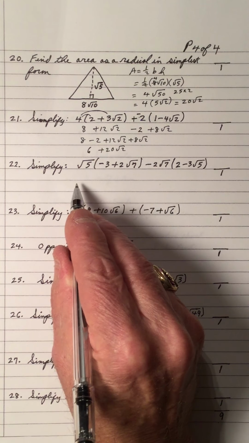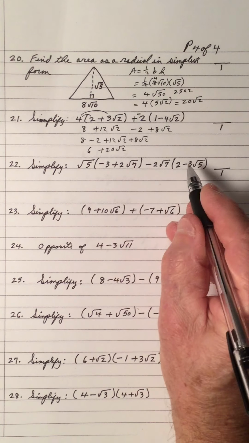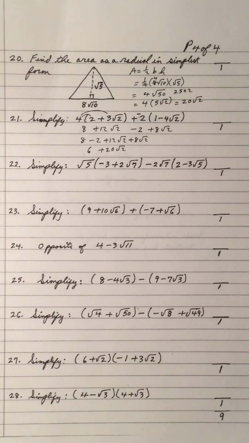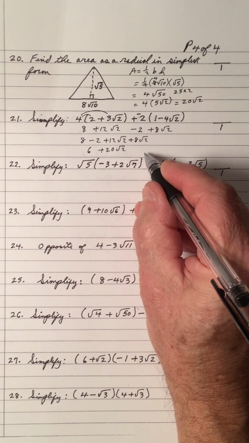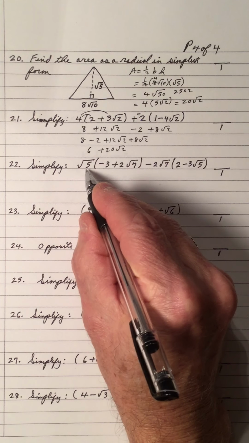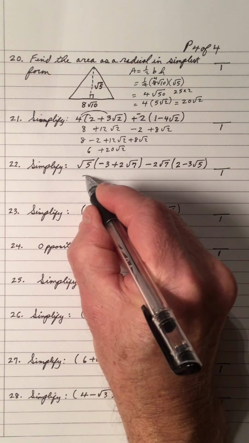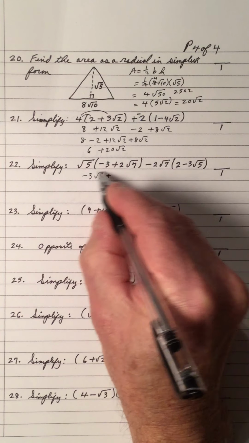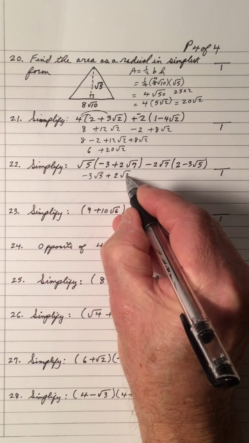Simplify. Again, we had the same thing. We have PEMDAS. We can't simplify root 7 or root 5 or root 7 or this root 5. We can't simplify the inside, so we have no brackets. We have no exponents, so we have to multiply root 5 by both of these. So root 5 times negative 3 is a negative 3 root 5. And root 5 times 2 root 7 is 2 root 35.